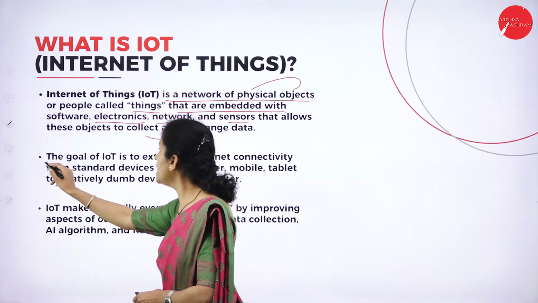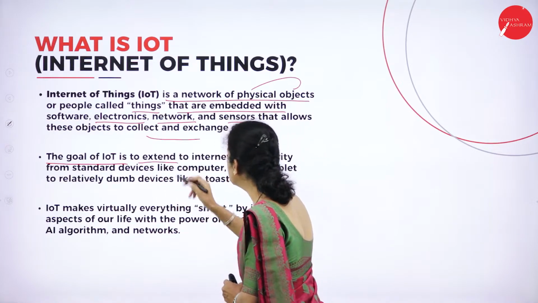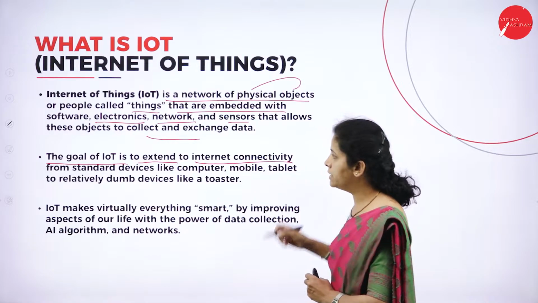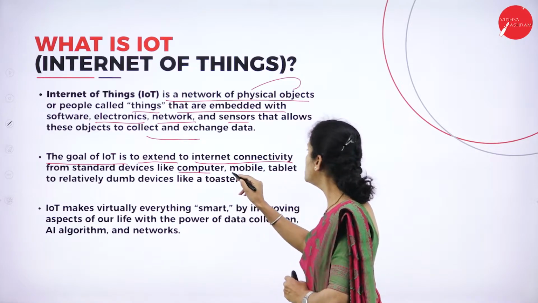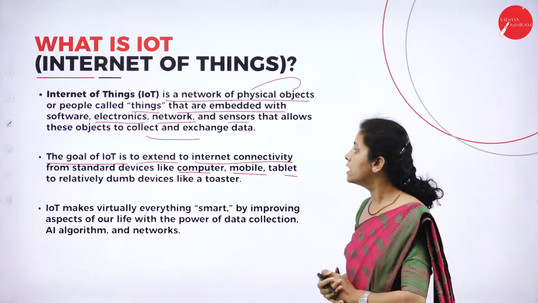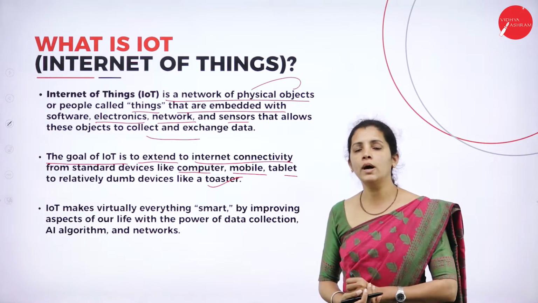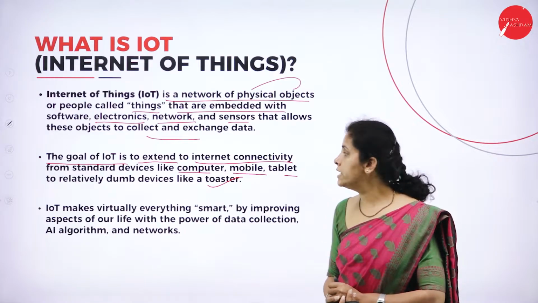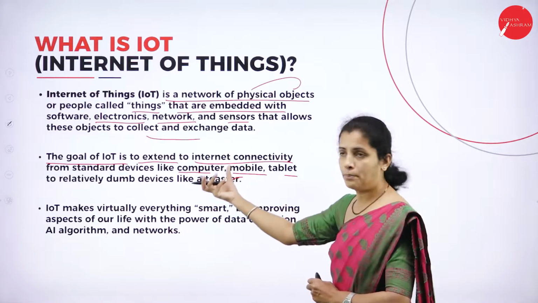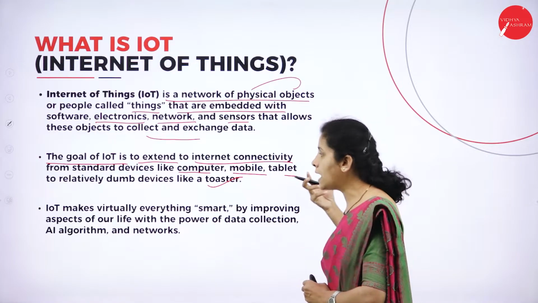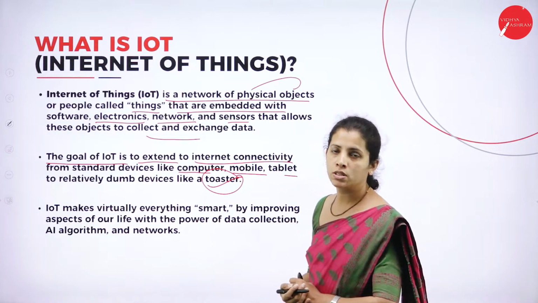So here the main goal of IoT is to extend internet connectivity from standard devices like computer, mobile, tablet to relatively dumb devices like a toaster. So what is the main job of IoT? It is to establish connection between computer or mobile or tablet. Even I can include a toaster.